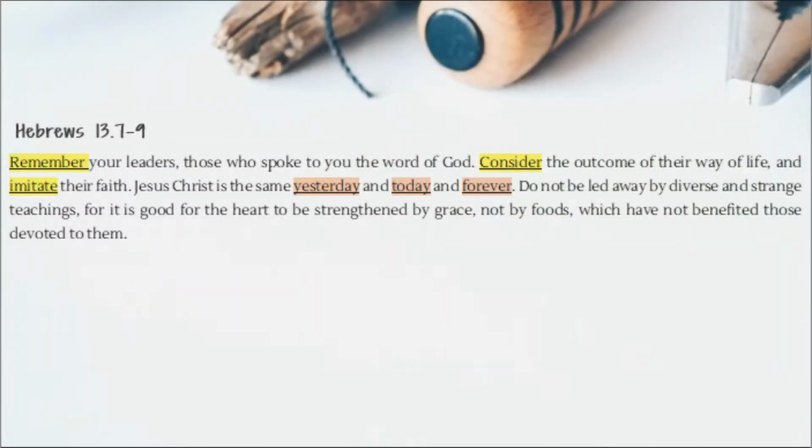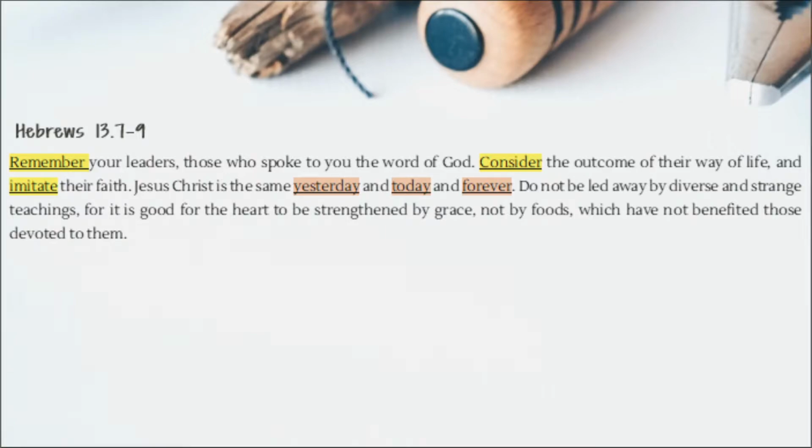The same idea. Probably it's Paul that wrote Hebrews, so he's kind of echoing himself here. Remember your leaders, consider the way of their life, and then imitate the way that they are. Yep, good job. Good job, you guys. You're nailing it.